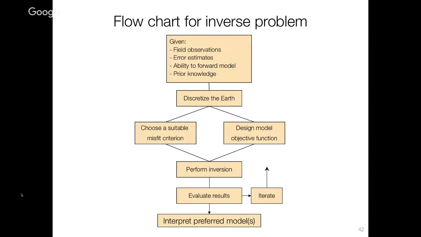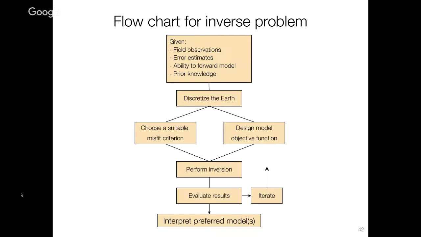You've got data, but you've also got a priori knowledge, and your a priori knowledge has to go into the design of your objective function. So what do you know about the Earth? What's your reference model? Are there faults in some places where you could have sharp discontinuities? Are there other places that you want to be smooth? Everything that you can muster goes in here.